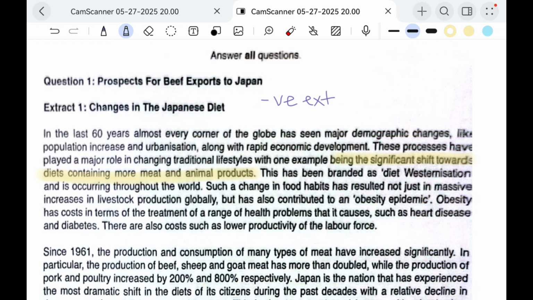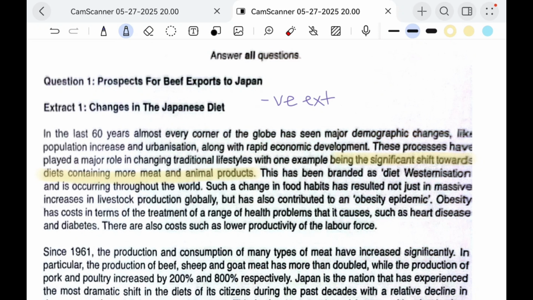So with westernization, with globalization, cultural influences, things like that, even the diet aspect has changed. So I would think the westernization of diet in Japan means that there is more meat coming from the Western countries into Japan and influencing Japanese diet.